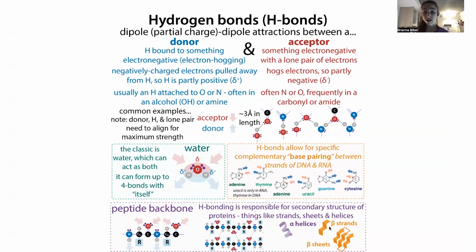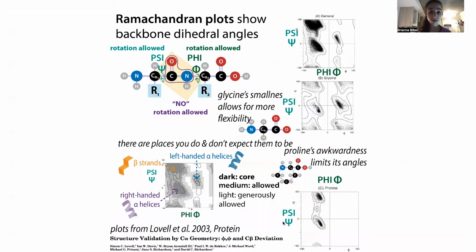So beta sheets are made up of beta strands that come together. And basically, the key thing is that these have distinct backbone angles that get taken. So those angles between those planes in the backbone, and different amino acids have different abilities to take on those angles more easily. And so this means that some amino acids will tend to form helices more, some will tend to form beta strands more, et cetera.